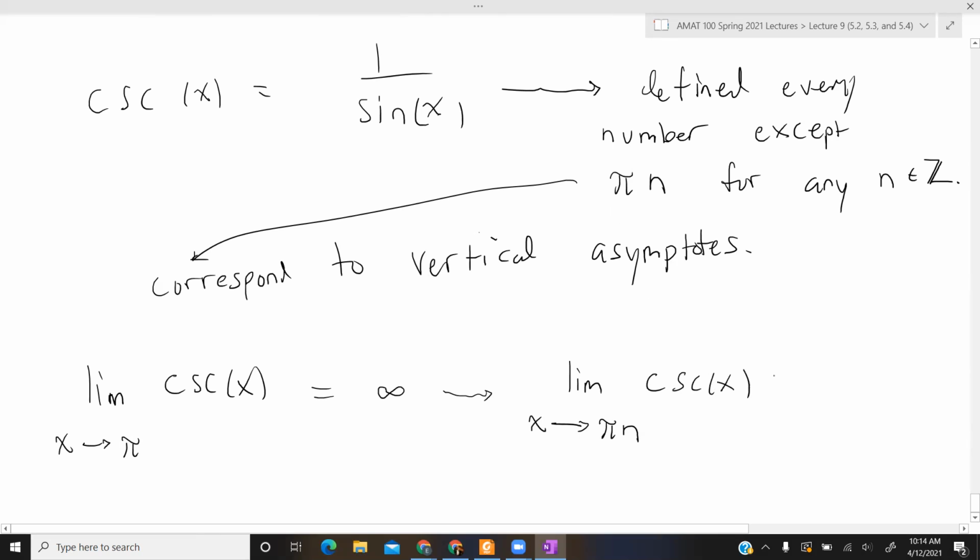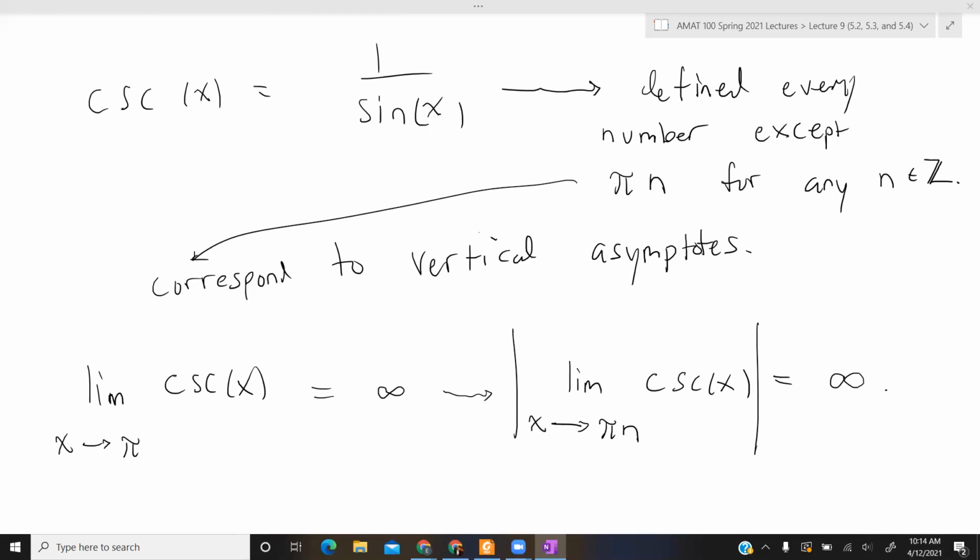And so the limit of cosecant of x as x approaches this is going to be, I've got to be careful here because it could approach positive or negative infinity. So maybe I'll say the absolute value of this will be infinity. Depending on what multiple of pi you approach, it's either going to approach positive or negative infinity.